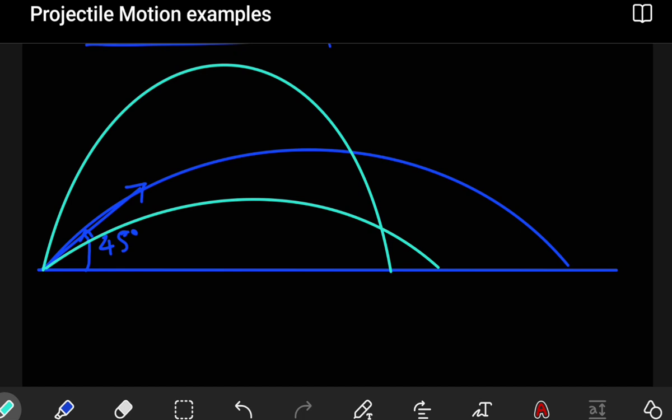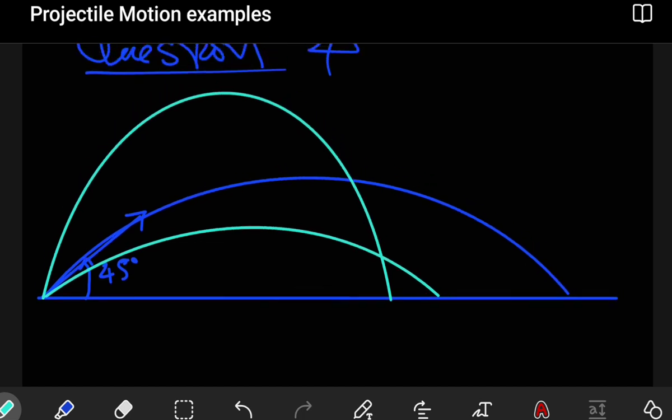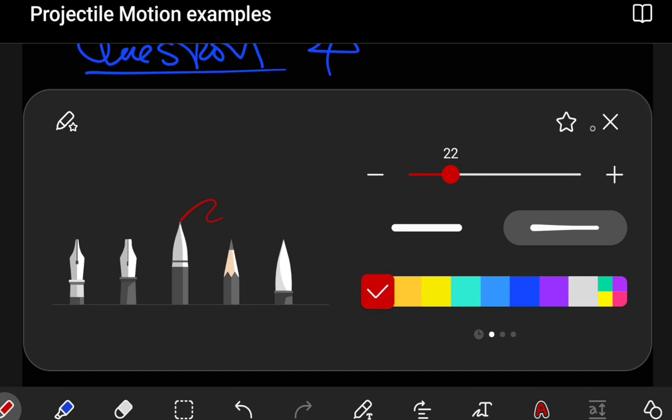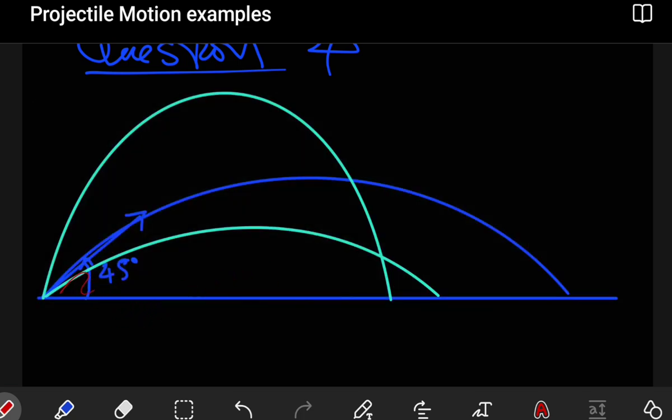One other thing I should add is that there will always be two angles, one less than 45 and another greater than 45, such that if you launch your projectile at the first angle, it lands somewhere here, and if you launch it at that second sweet spot angle greater than 45, the projectile lands at the same point.